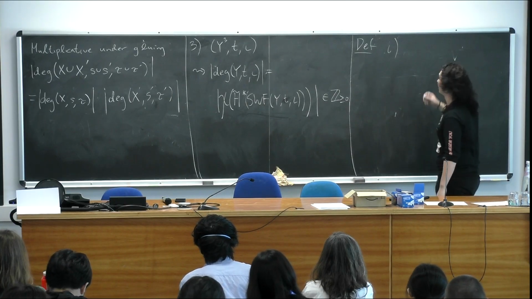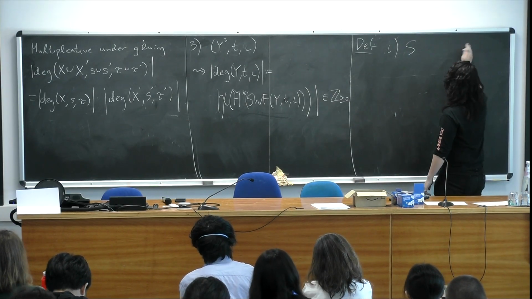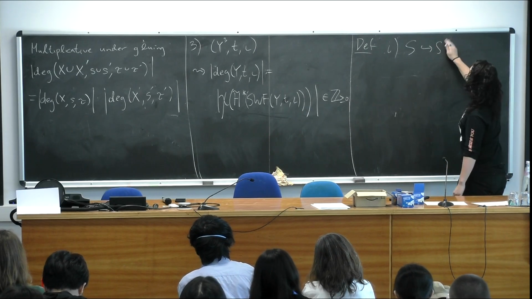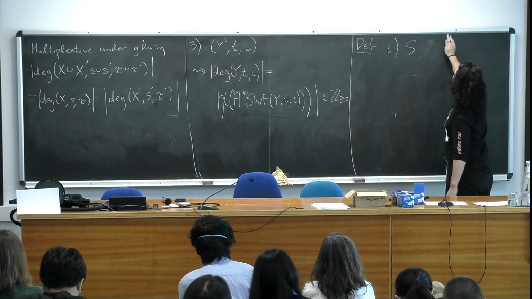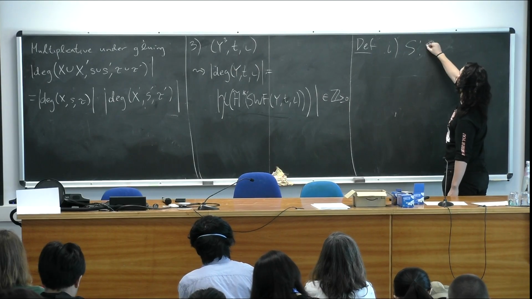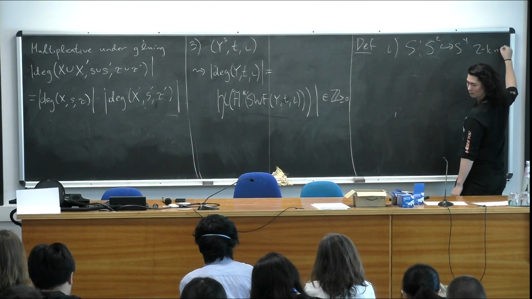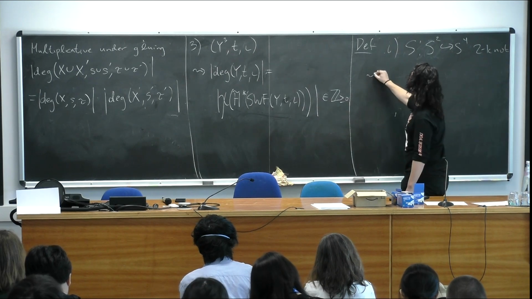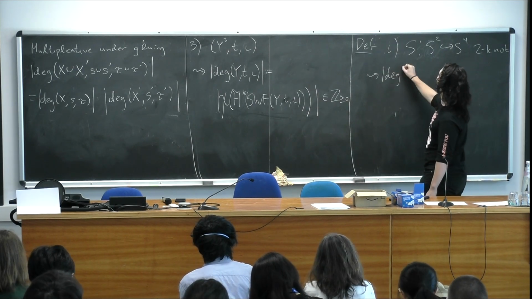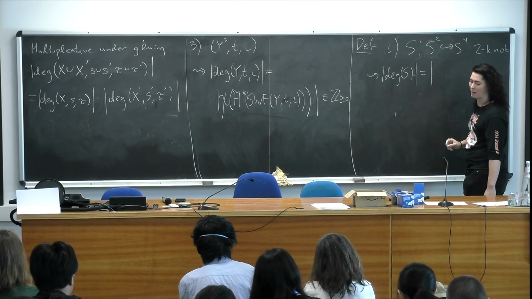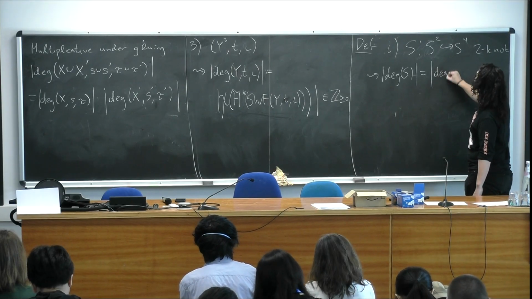Okay, so I'm going to define two invariants of two-knots. Let S be a map from S2 into S4. I'll define an invariant, which I'll call absolute value degree of S, and I'm going to define it to be the absolute value of the degree of the double branched cover.